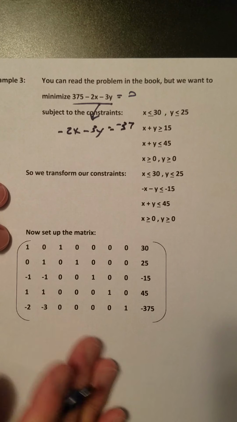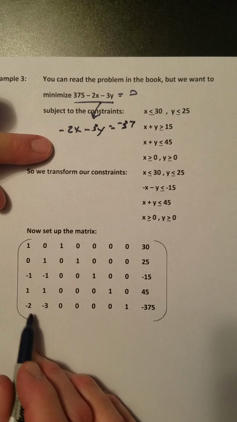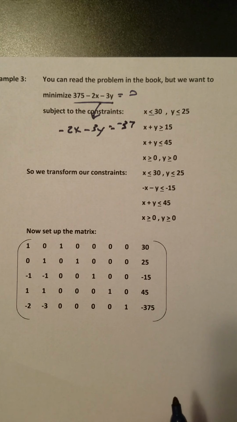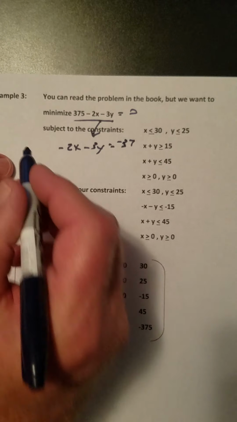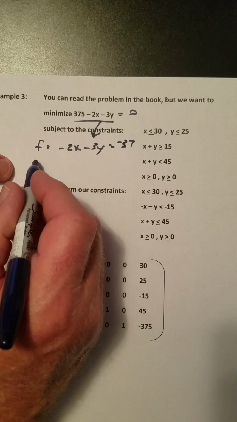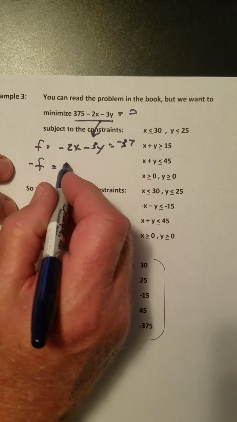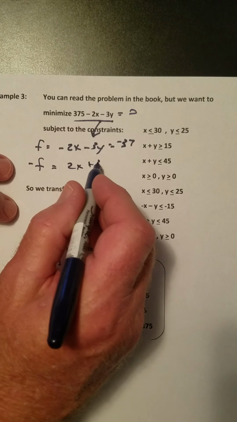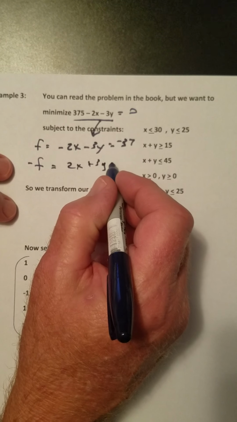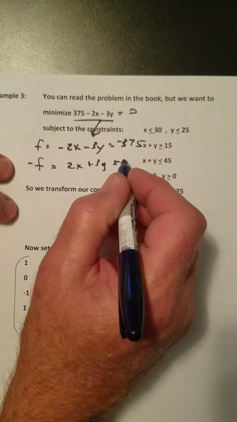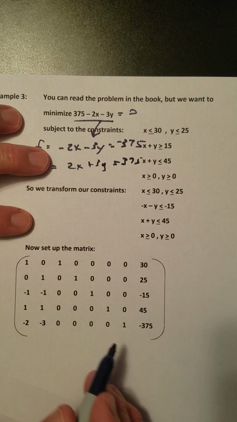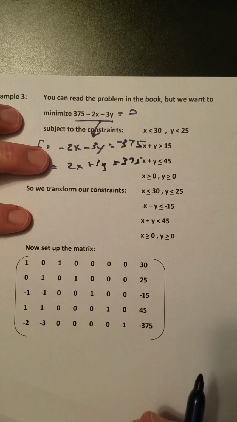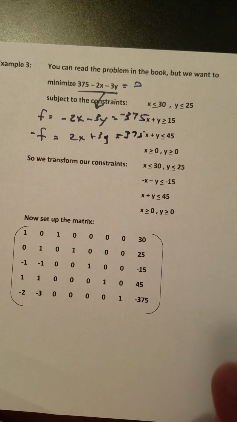Let's skip down at the bottom here. Negative 2, negative 3, negative 375. And this is crazy, but this is like f. So negative f is 2x plus 3y equals positive 375. But then when you come down here, you take the opposites and put them down here. I think that's real confusing. It's real confusing to try to explain it.